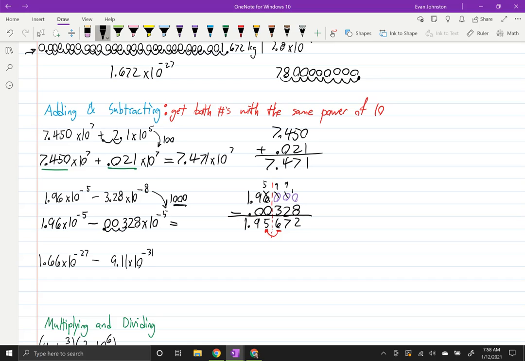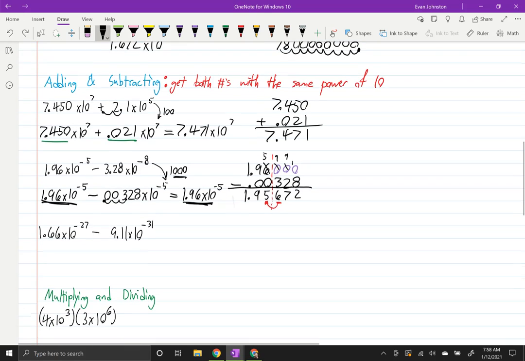And so in the end, what we'll get is just 1.96 times 10 to the negative fifth as our final answer. So in the end, our final answer, oddly enough, is the same as what we originally had because the thing we're subtracting is so small that it quite literally is insignificant. Kind of odd, go figure.